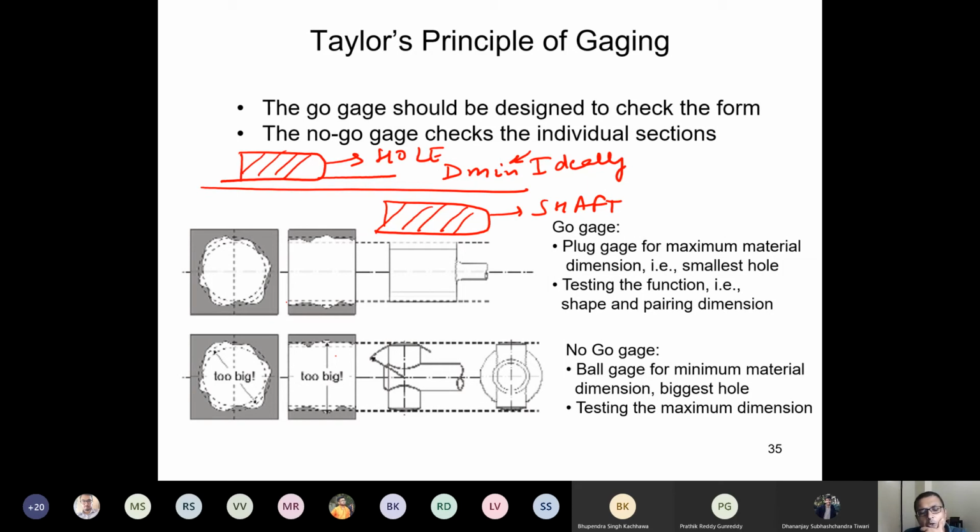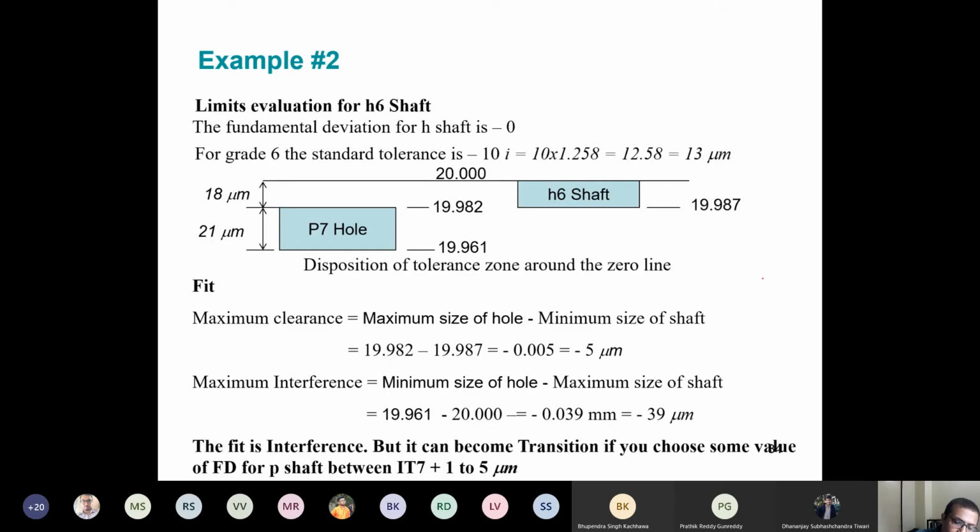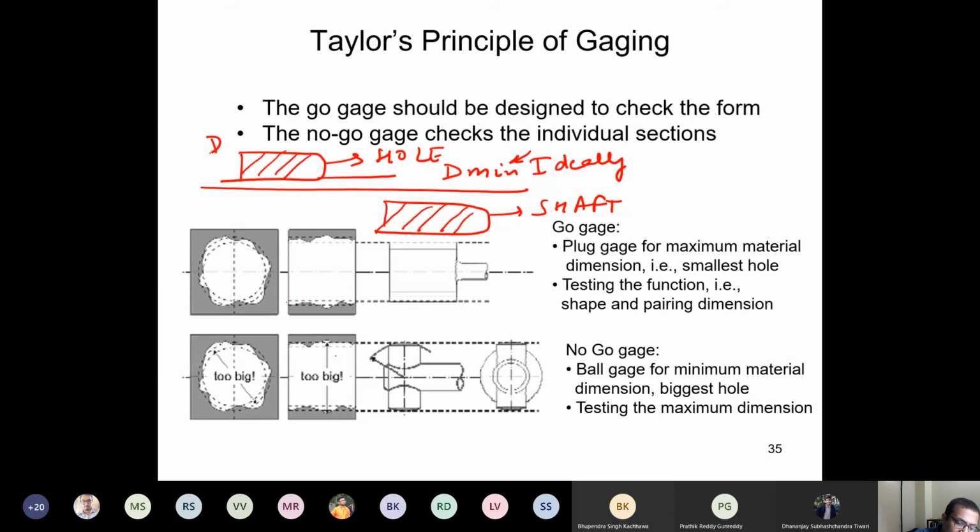And the no go gauge, what kind of gauge will be no go gauge? So if I have a hole, what size will be no go gauge? That will be, sorry, this will be D max.